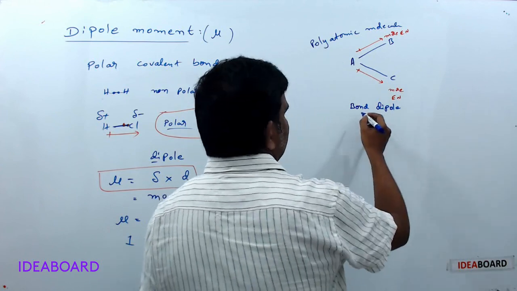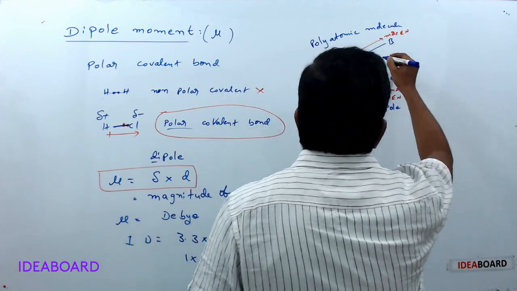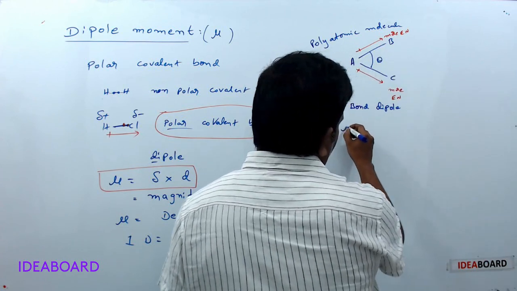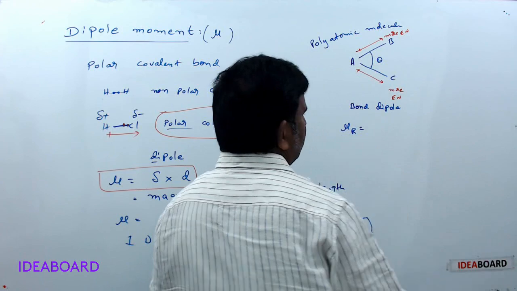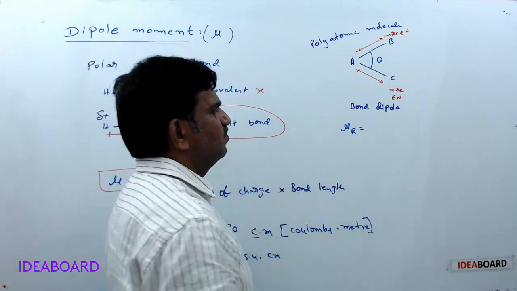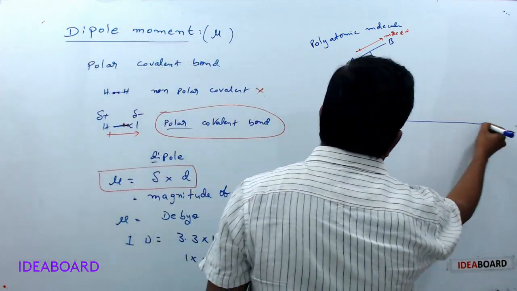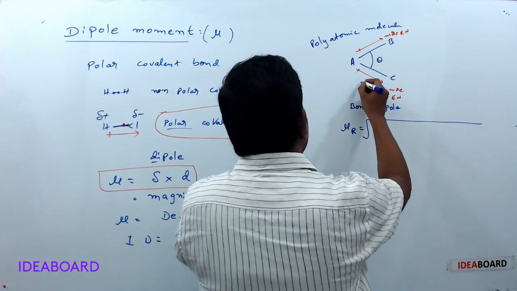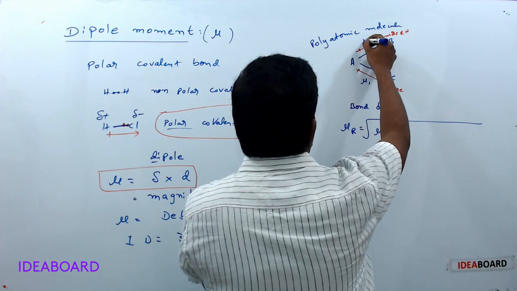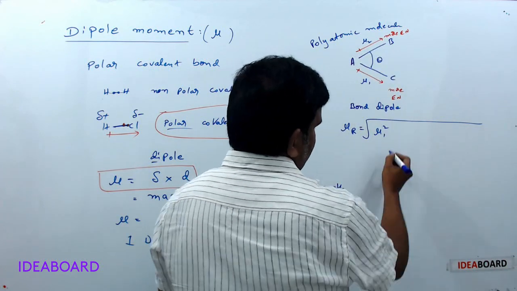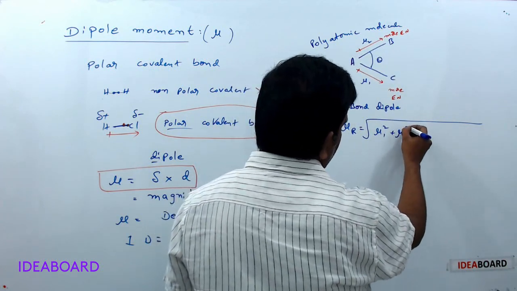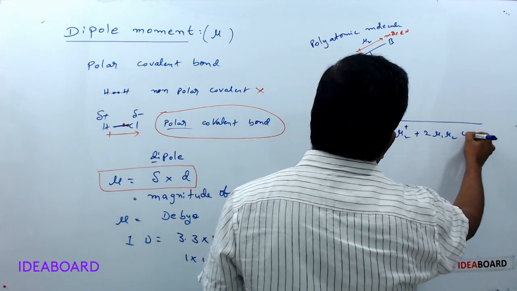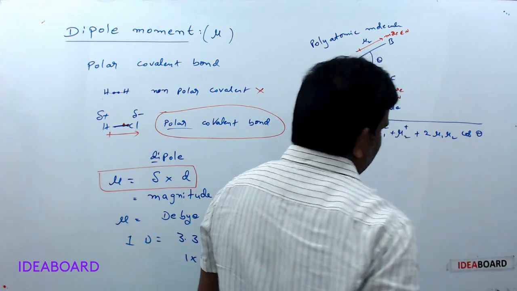And this bond dipole is taken and the angle between these two bonds is considered as theta. Therefore, the resultant dipole moment for this polyatomic molecule is equal to the root of mu1 square plus mu2 square plus 2 mu1 mu2 cos theta.